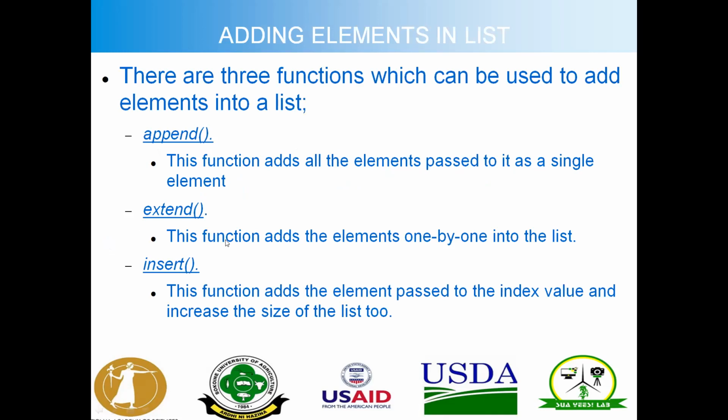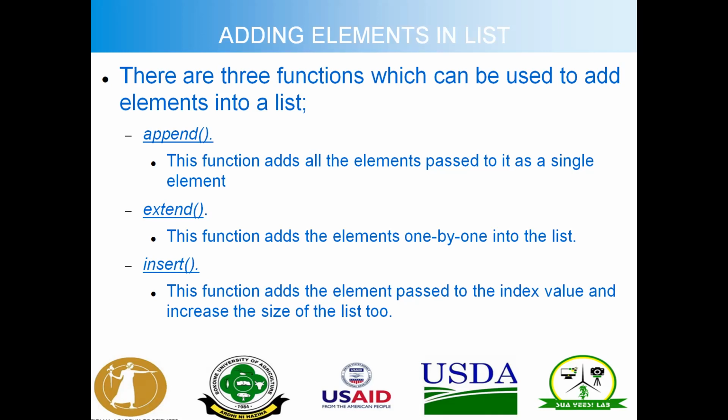Okay, so apart from creating a list, what if you just want to add an element to the list? We have several ways of adding elements into a list. We can use one of three functions. The first function is append. You can use the extend function to add elements to a list.